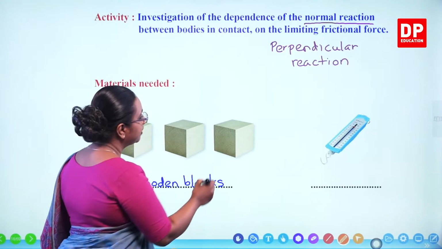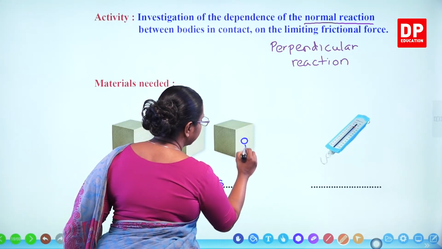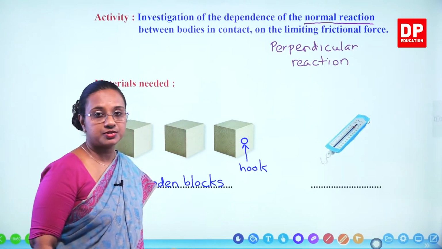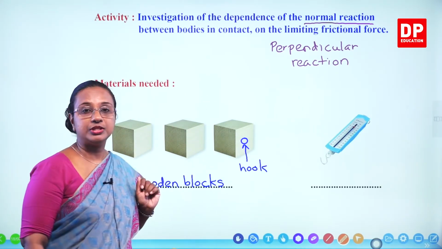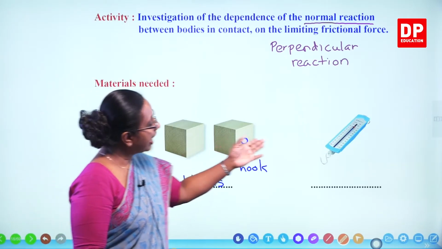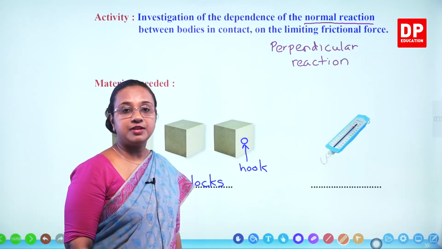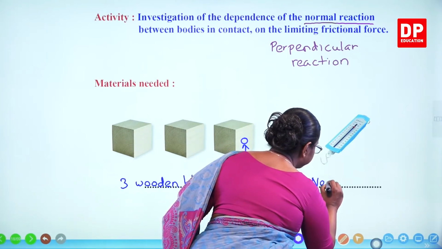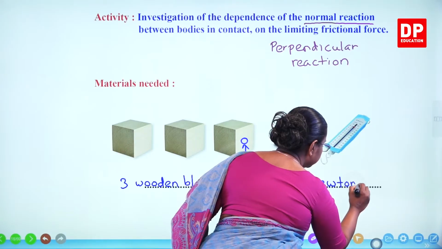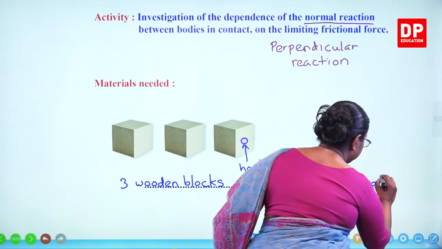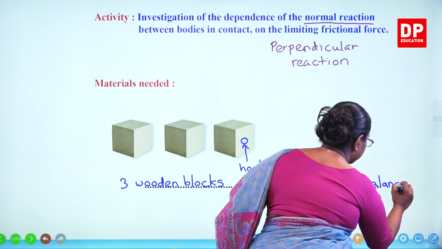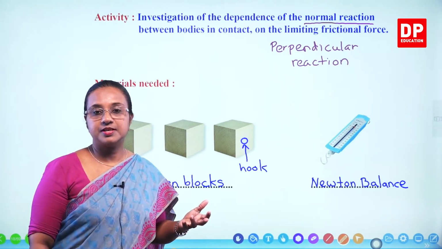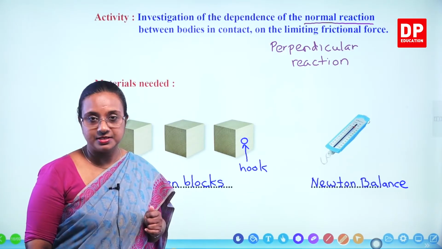And as we have done before, we will need to attach a hook to one of the wooden blocks. We don't need to attach hooks to the other blocks. And to read the limiting frictional force, we need a Newton balance, and also we will need a horizontal surface to do this activity.